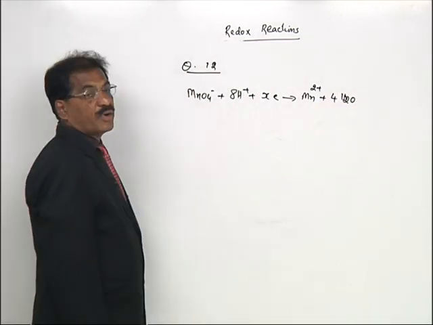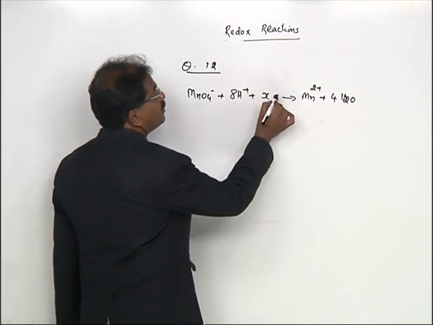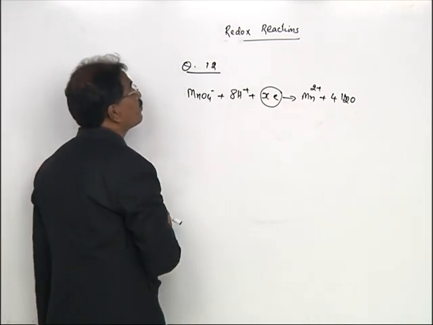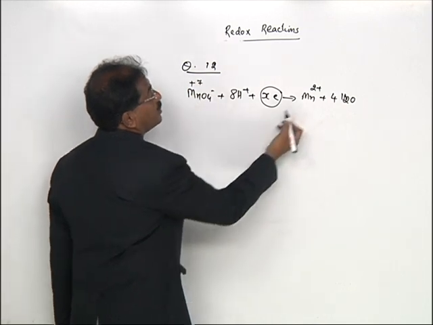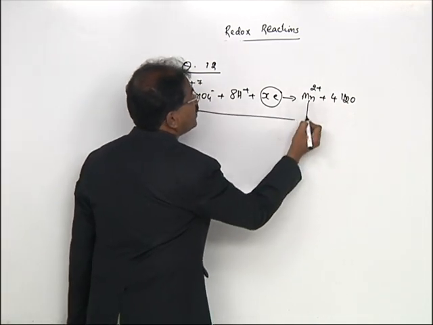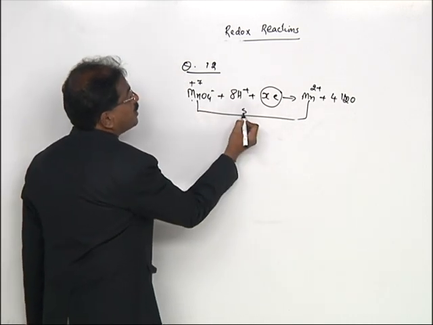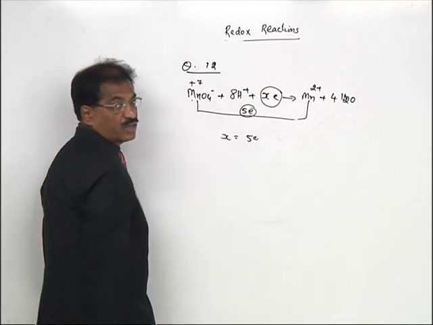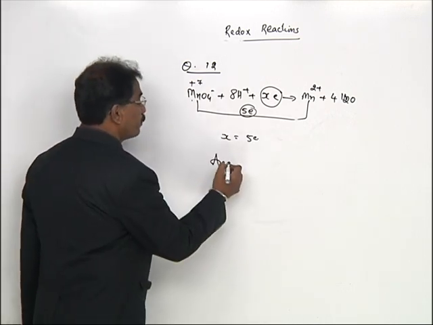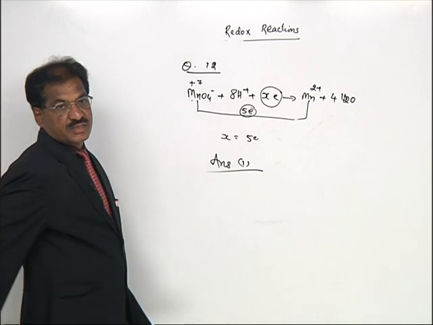So, in this partial redox reaction, we have to identify the number of electrons participating. Here, first observe the oxidation state of the manganese. Here +7, here +2. Therefore, in this reaction, one manganese atom is actually gaining 5 electrons. Therefore, X must be 5. Therefore, answer is 1.